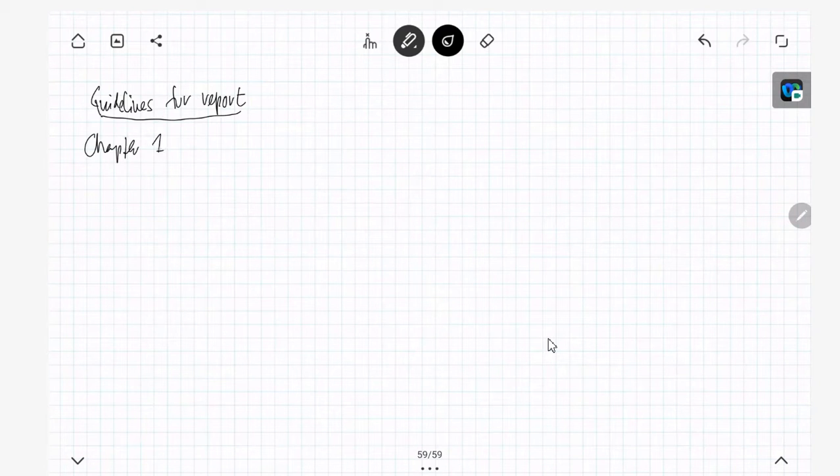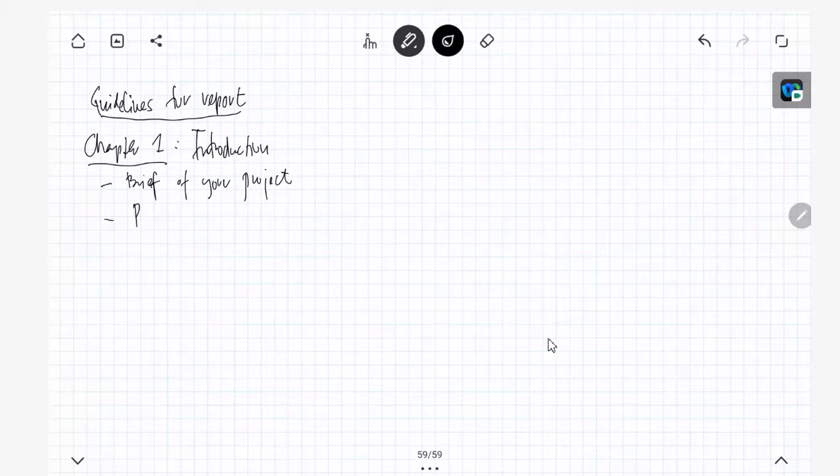Chapter 1. Mana PDF ni? Which is the introduction. Aku tak faham. First, a brief of your project. The second, brief of project.